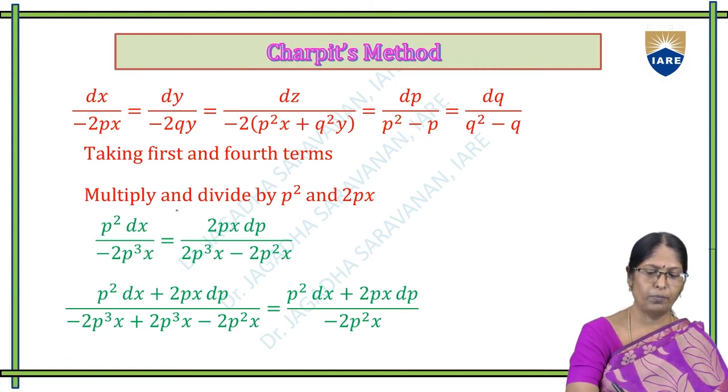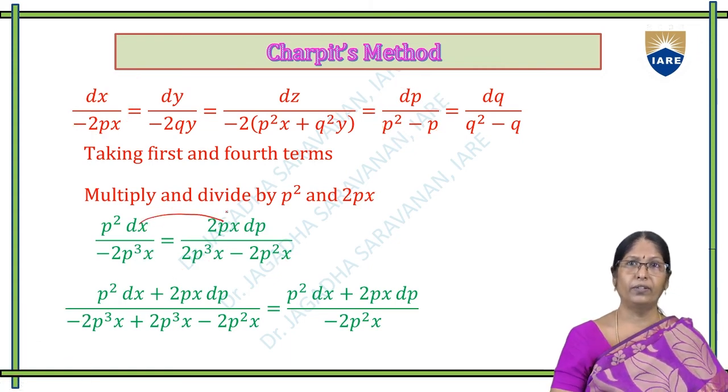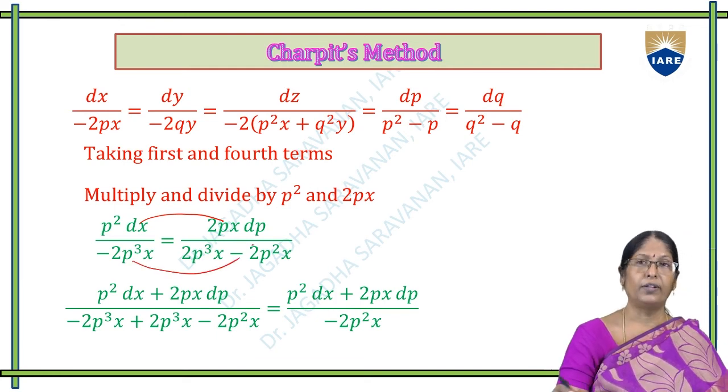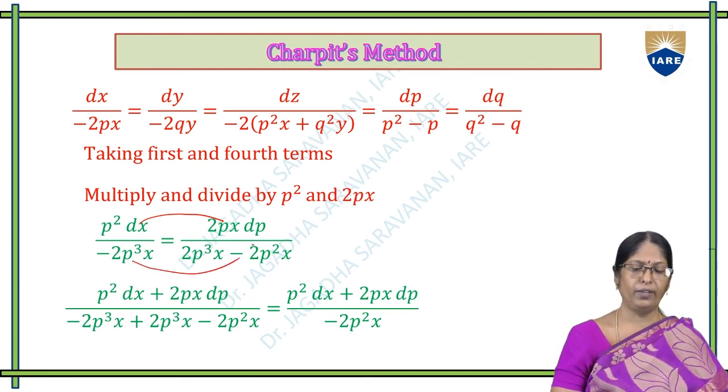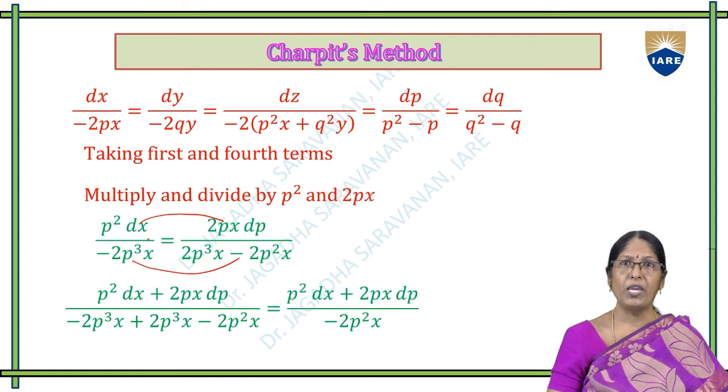So it has become, both are added, same as in the denominator also we are adding. So we got p square dx plus 2px dp divided by minus 2p cube x plus 2p cube x minus 2p square x.